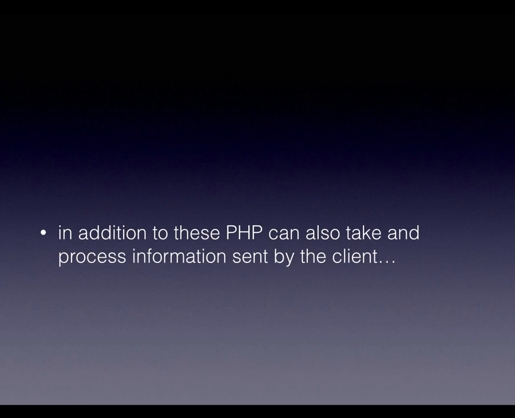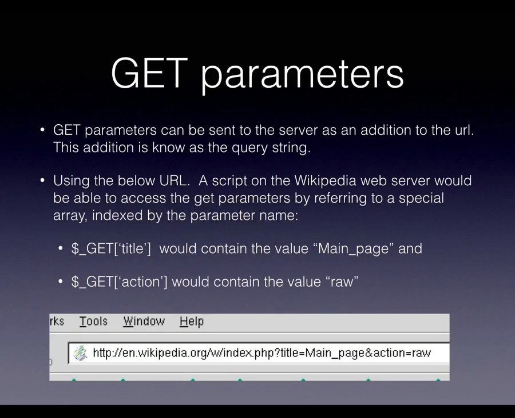In addition to these, another important thing that PHP does, which is sort of its specialty, which you might not be used to with other programming languages, or might work in a slightly different way, is that it can take in and process information sent by the client. One of the ways that we do that is with something called get parameters.